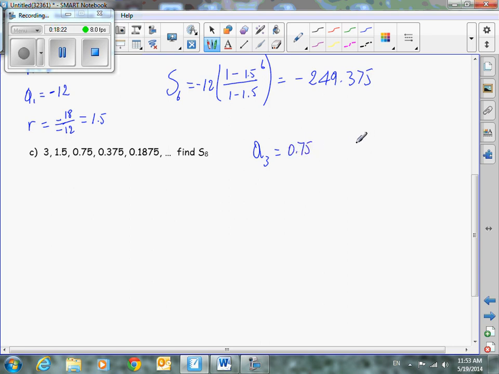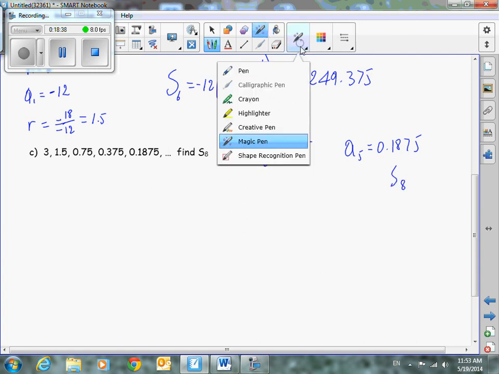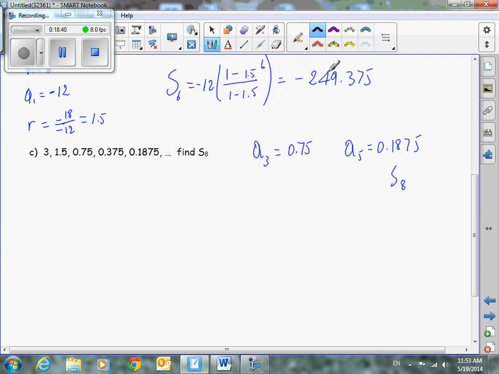And I also say A5 is equal to 0.1875. And I say find S8. In other words, I'm giving you the exact same thing, but I'm not giving you all the good information.